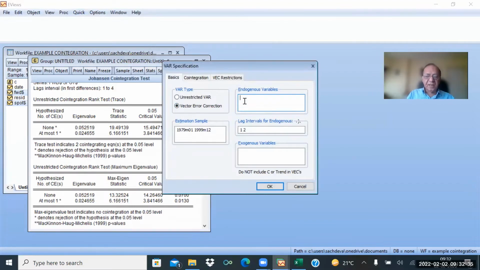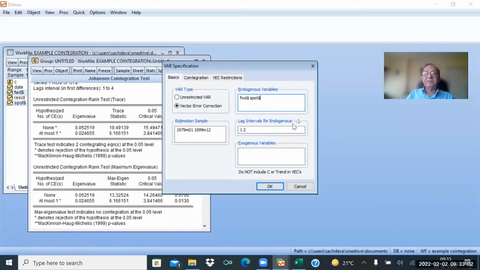So we will use the endogenous variables forward dollar, which is your dependent variable, and spot dollar, which is there, this one. And it says do not use C, that is constant. So you can simply say using this data.